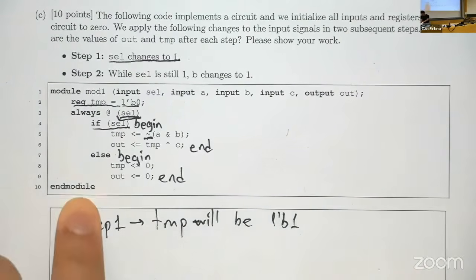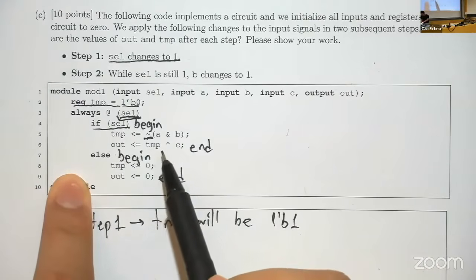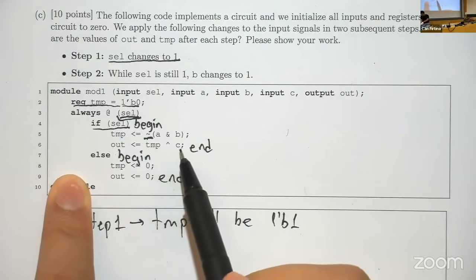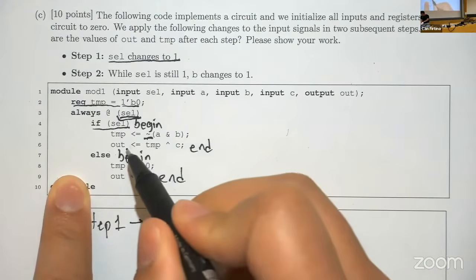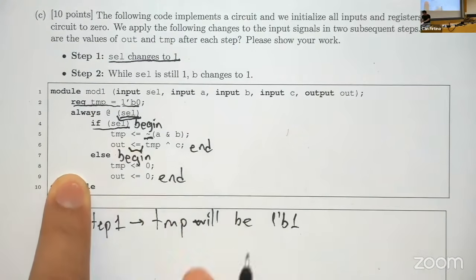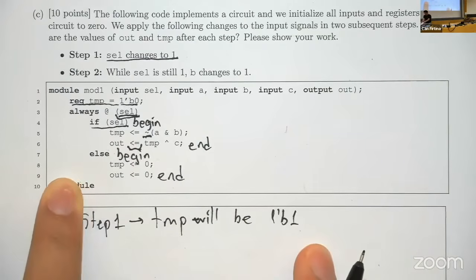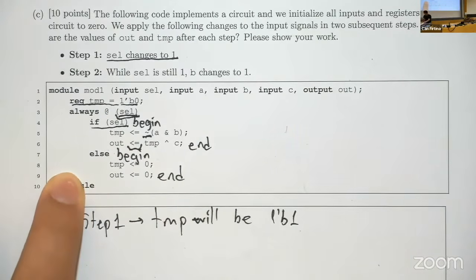And out is the XOR of temp and C. But because these are non-blocking assignments, the new value of temp, which is 1, is visible only at the end of this always block.